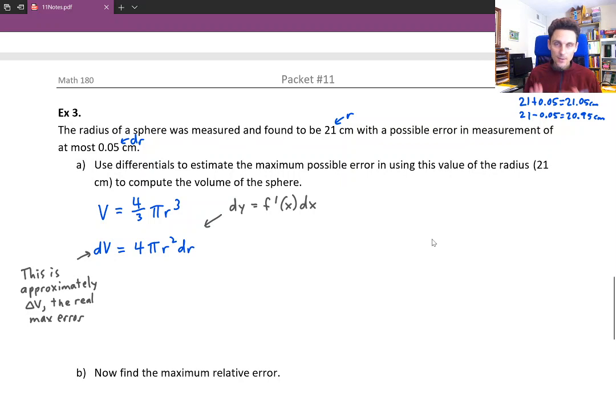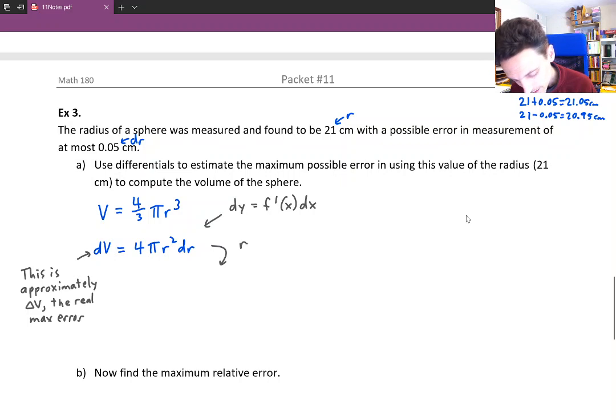Like dx represents a change in the x values, dr is representing a change in the values of the radius. So what we're going to do is take this and figure out what the approximated change in the volume of the sphere is, given that the radius is 21 centimeters and that we might have a change of 0.05 centimeters.